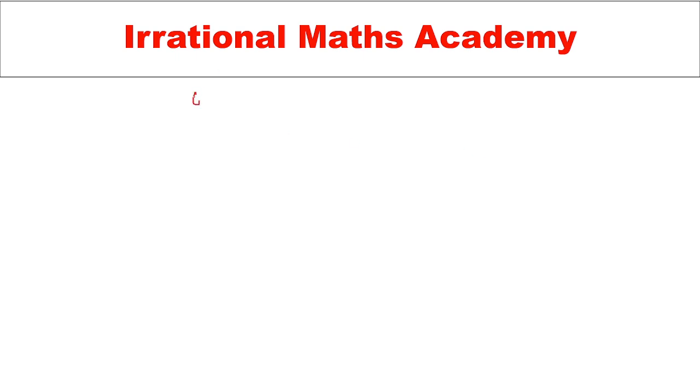0 degrees, 30 degrees, 45 degrees, 60 degrees, and 90 degrees. So sin theta, these are theta values. If you remember these values, you can solve very quickly.